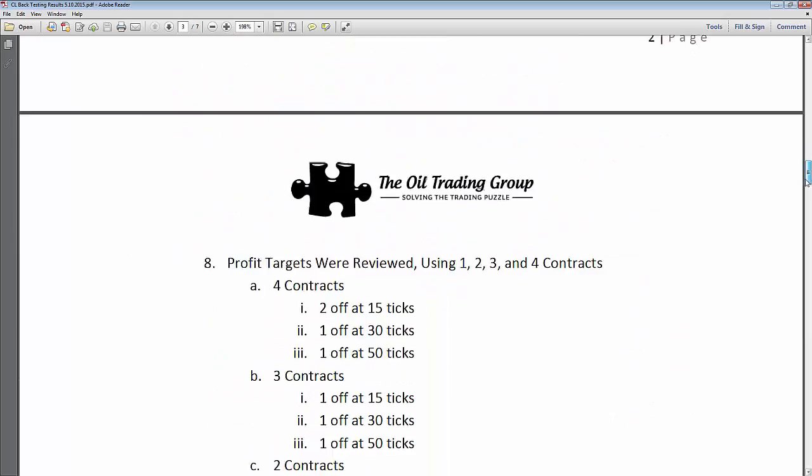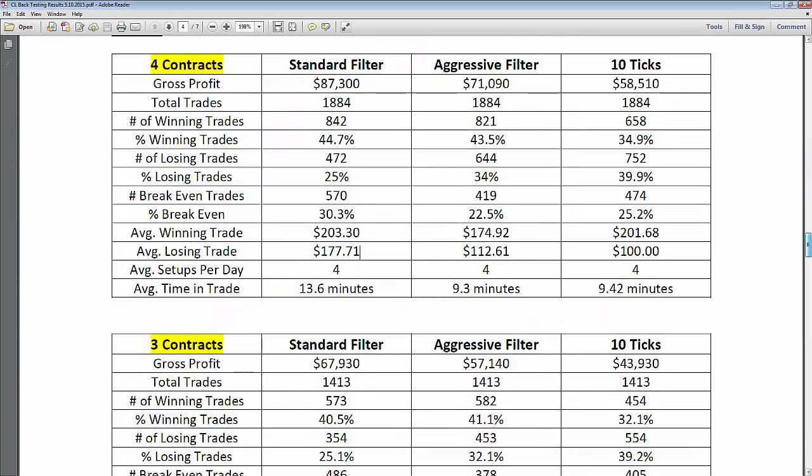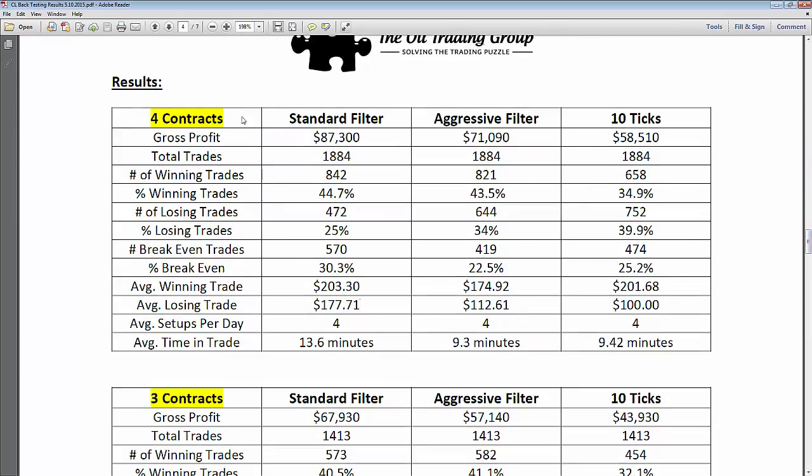The thing that I want you to see here is that when you traded the standard filter on a 4-lot, the average losing trade was 17 ticks. That's per contract, by the way. That is right in line with where the averages are, right in line with where we are.